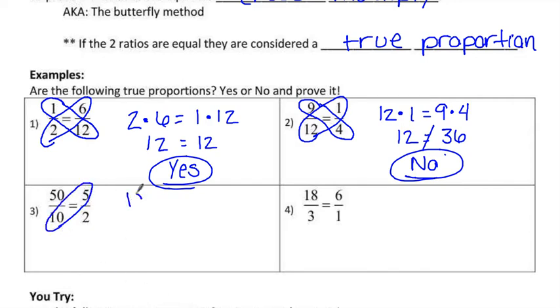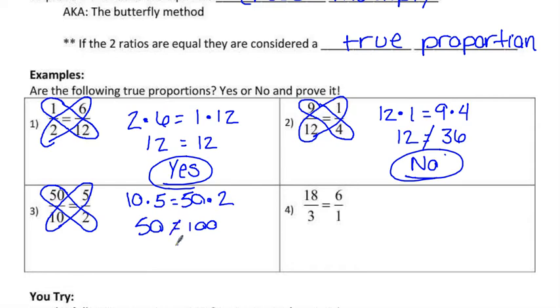So we can write 10 times 5 is equal to 50 times 2. 10 times 5 is 50. 50 times 2 would be 100. Sorry.